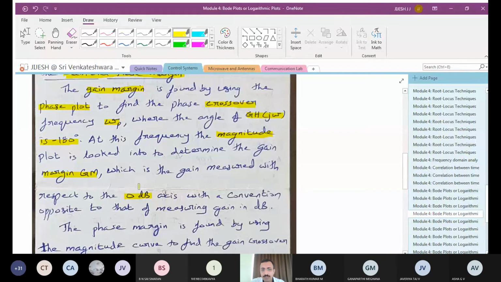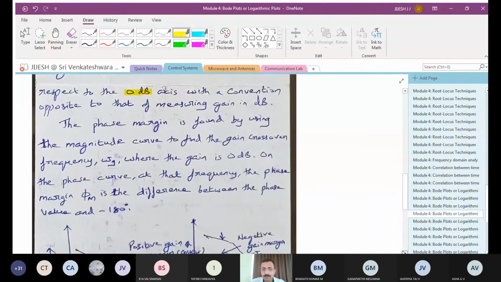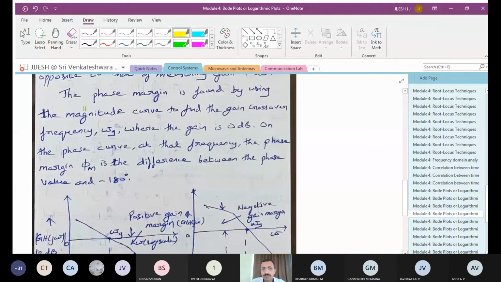First let me tell you the definition, which is the gain measured with respect to the 0 dB axis, with a convention opposite to the measure of the gain. After that, you will understand the phase margin, which is found by using the magnitude curve.